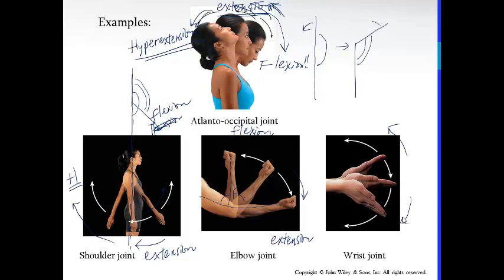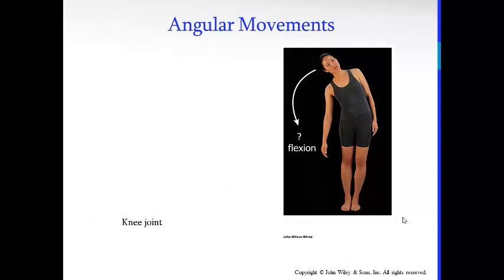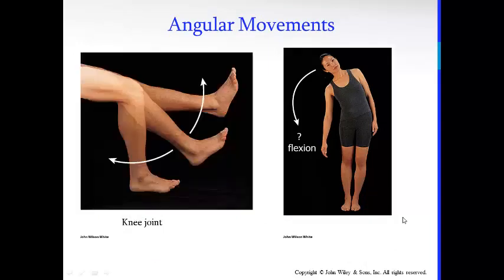Now let's take a look at other angular movements. So here we can see this one particularly at our intervertebral joints. We can have our lateral extension. And I wanted to point out this one at our knee joints.